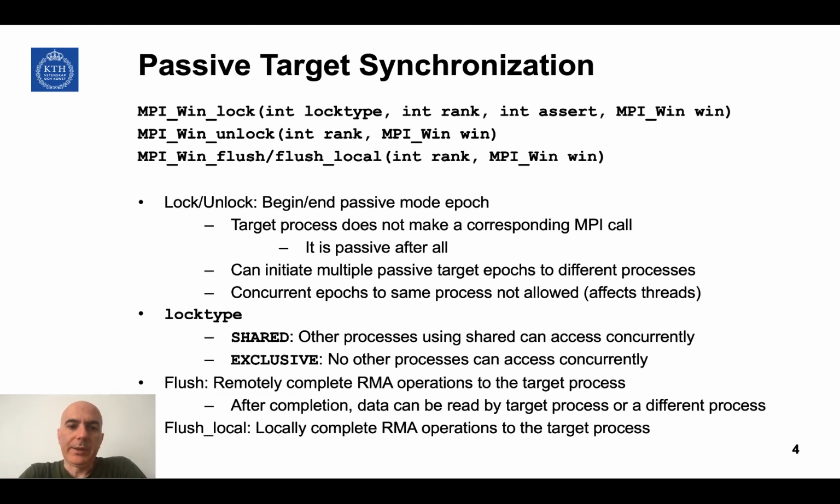Because it's passive, the target does not make any corresponding MPI call to the lock and unlock functions. With the lock function we can initiate multiple passive target epochs to different processes. So it's much finer granularity with respect to active synchronization.